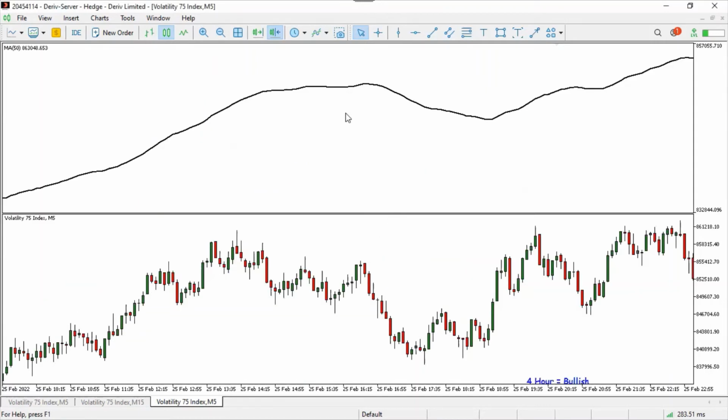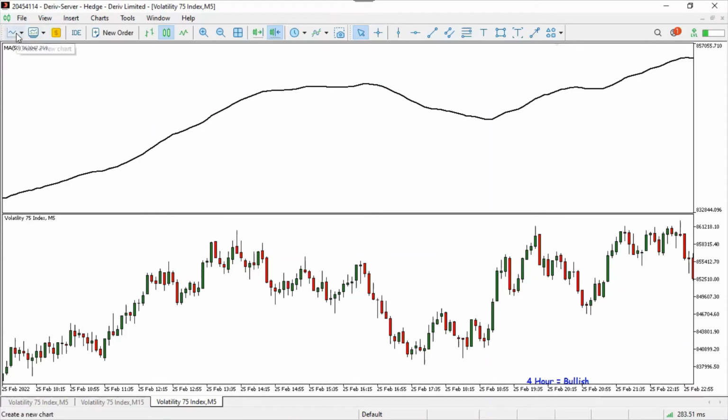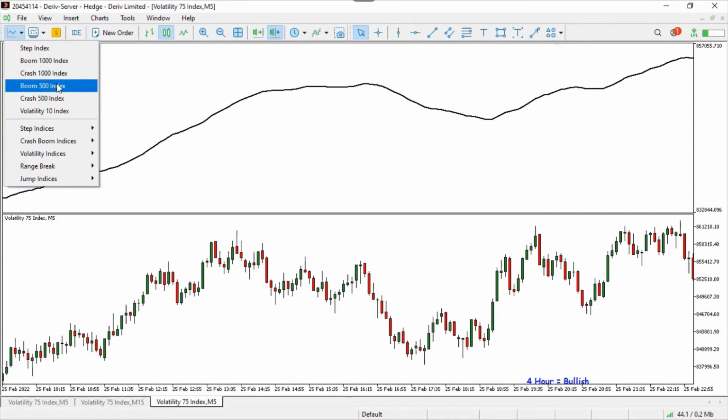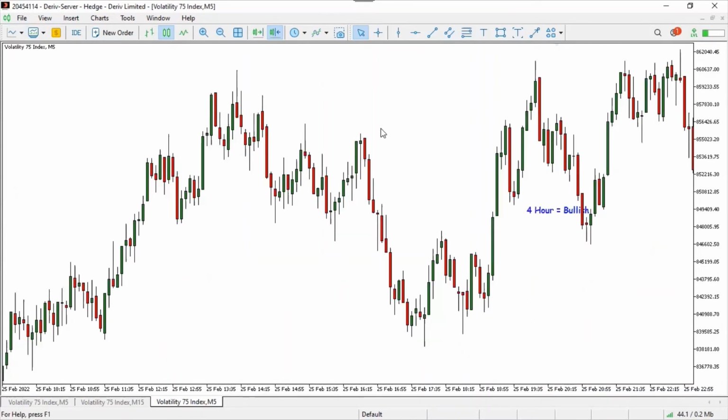Why is it splitting my screen? I don't know why this thing is behaving like this.